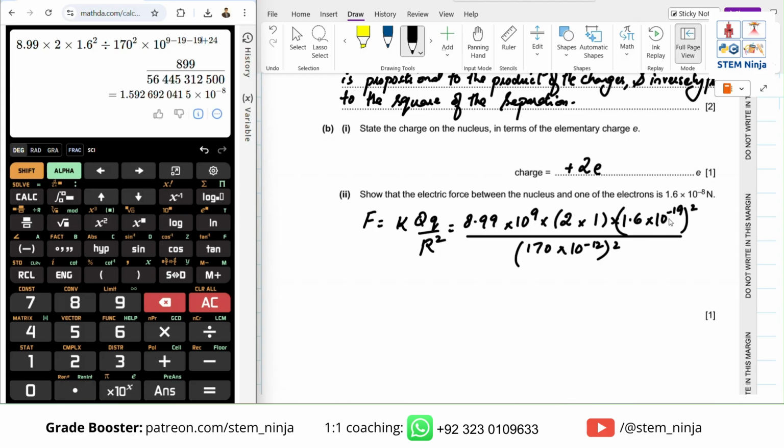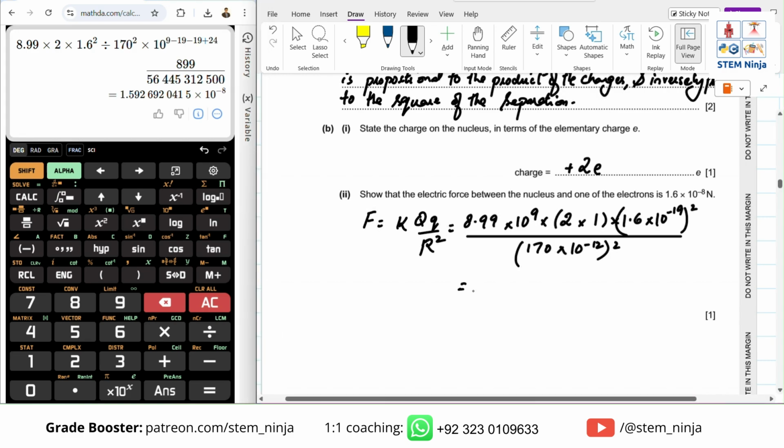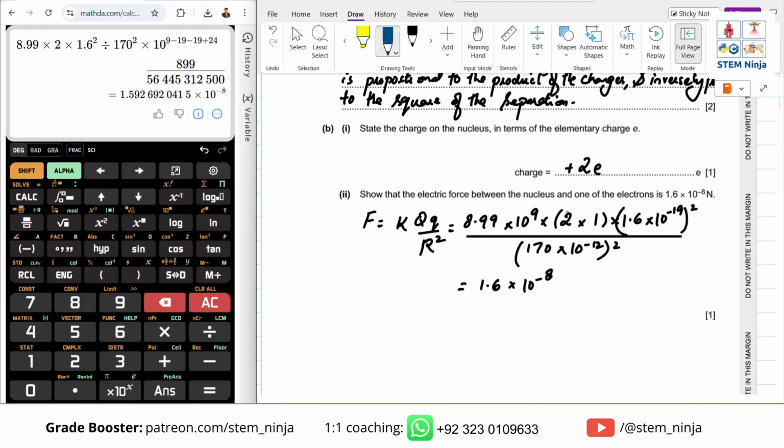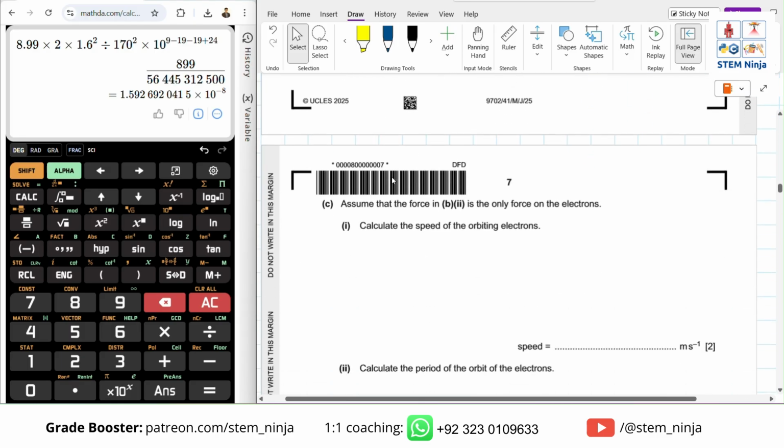Okay, now it is clear. So this would be 1.6 times 10 raised to power minus 8 because this was 2e and 1e, so e and e would come out twice. Newtons. Okay, all right, moving on.